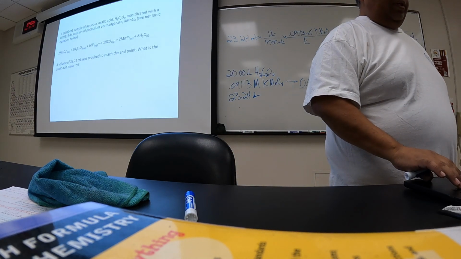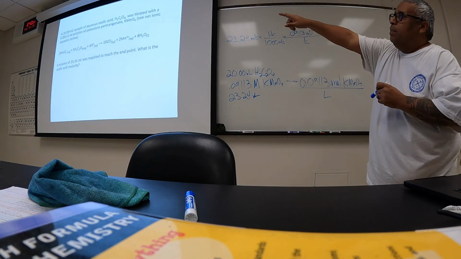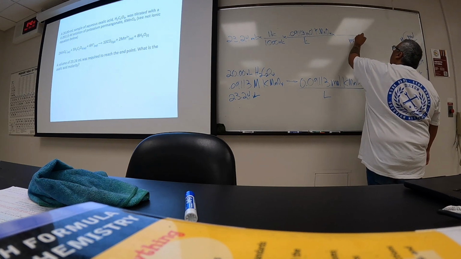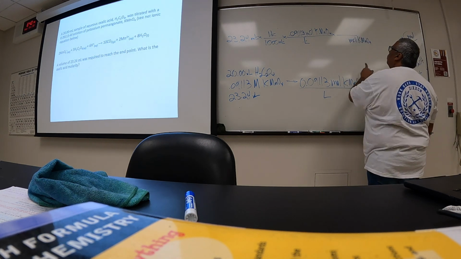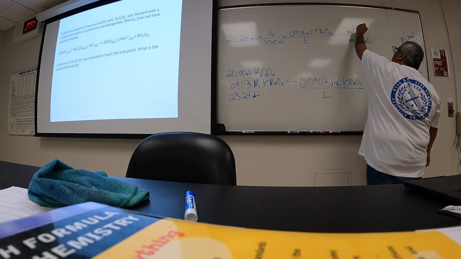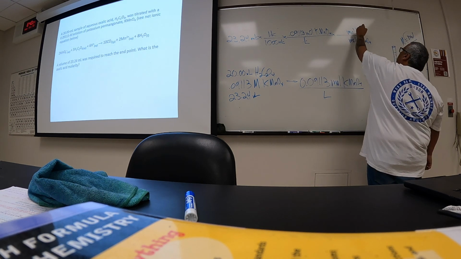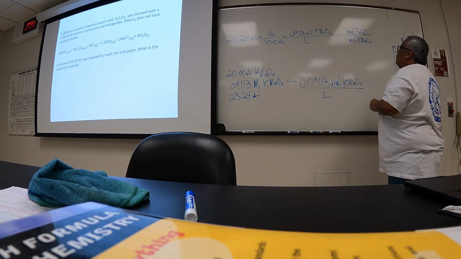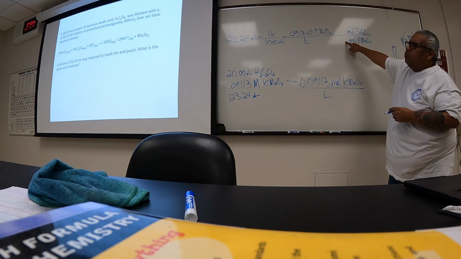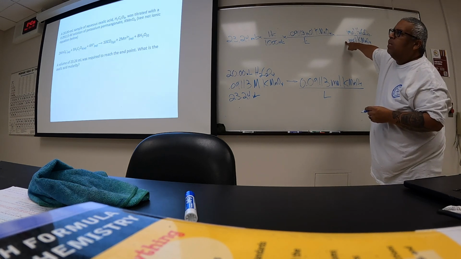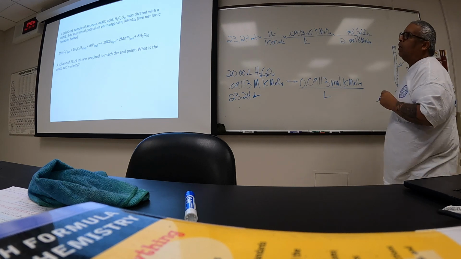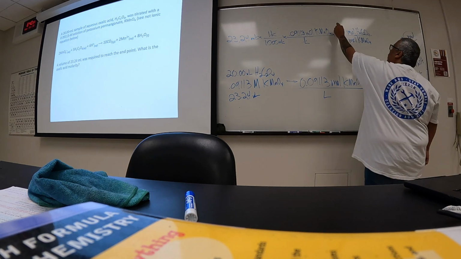So if we use that stoichiometric factor in this reaction, moles of permanganate into moles of oxalic acid. Well, what is the ratio between moles of permanganate? How many moles of permanganate? It's going to be the MnO4. And how many moles of oxalic acid? 5.